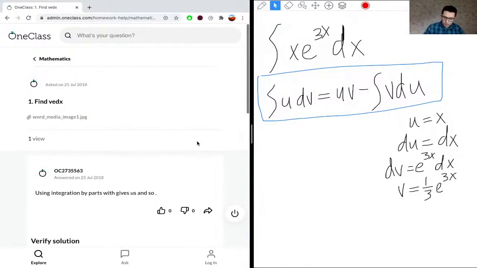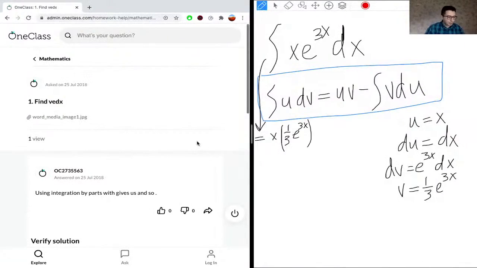So now we've figured out all the components. We know what u is, u is right here. dv is right here. uv is u over here and v over here. And then we have v and du. So here we just have to substitute the values into the integration by parts formula. So this is equal to x times 1/3 e to the 3x.